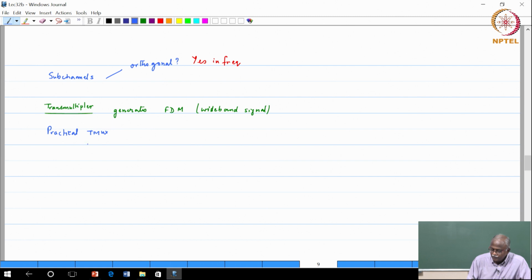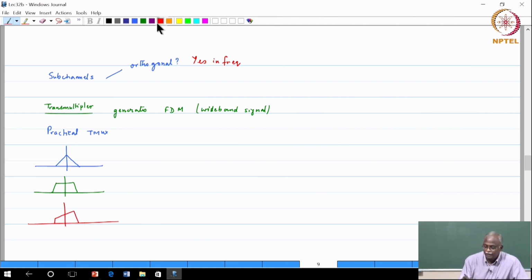So, if I were to give a set of 3 signals, one of them of this type, a second signal which has the same bandwidth but different spectrum, and a third signal which has something different, again bandwidth.